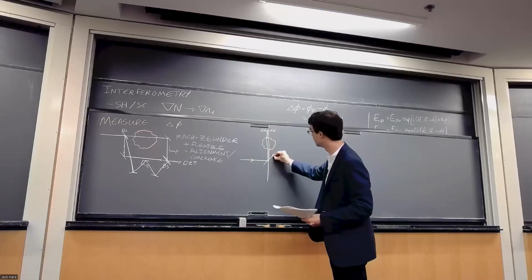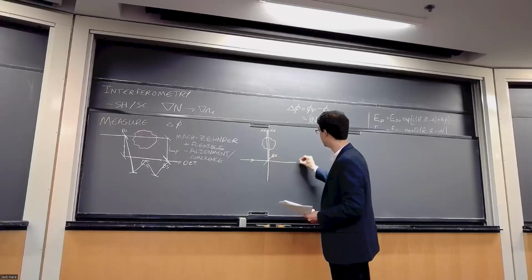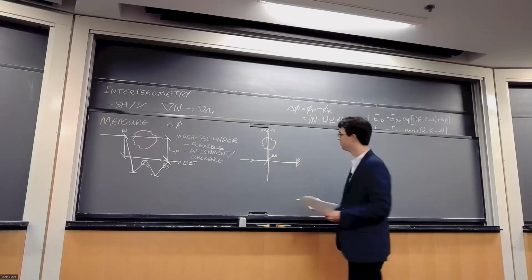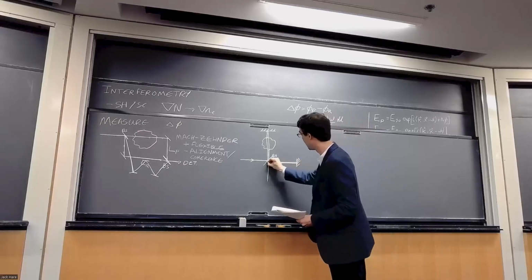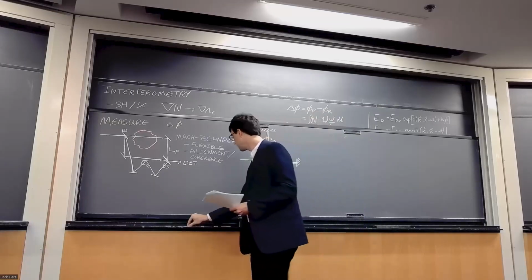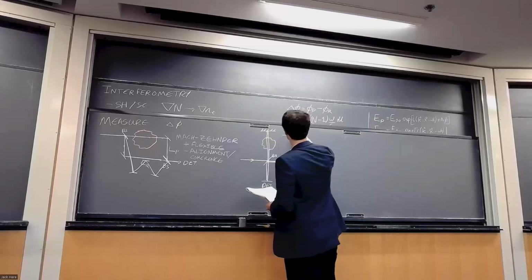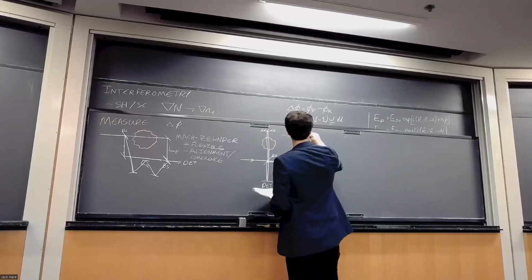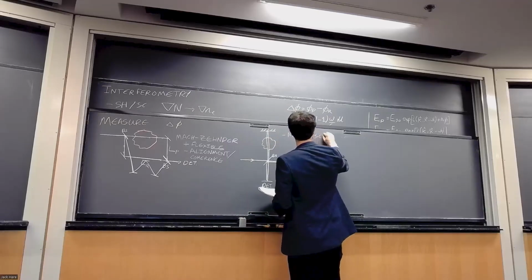At the same time, because this is a beam splitter, some of the light is transmitted through, reflects off another mirror, comes back, reflects off, and these two go down to your detector. So this is a Michelson, of the famous Michelson and Morley experiment.